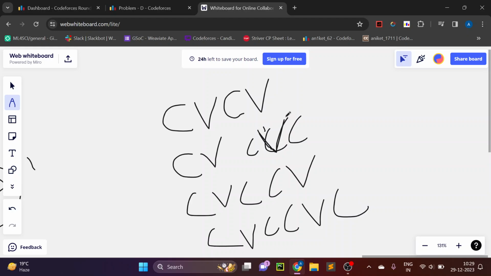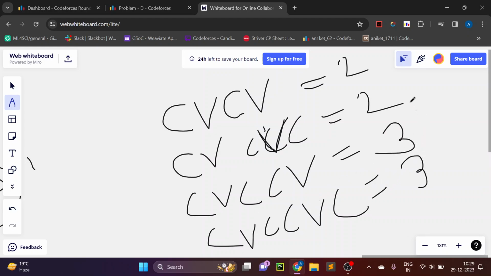Now, if you see here, the consecutive difference between two vowels is 2 here. Here also it is 2, here it is 3, and here it is 3. So the consecutive difference between two vowels should always be either 2 or 3.